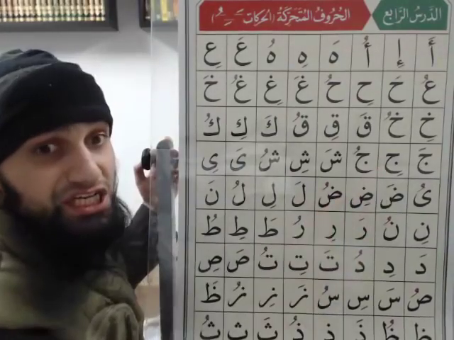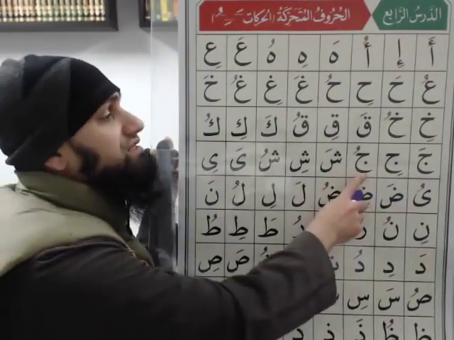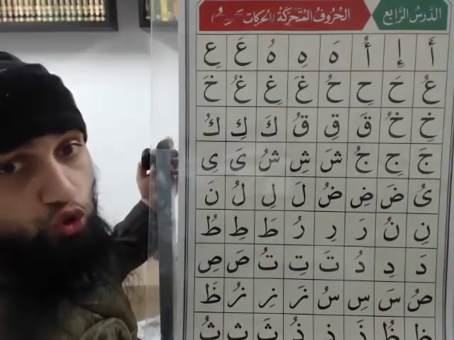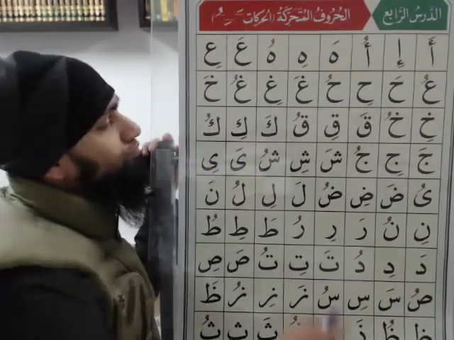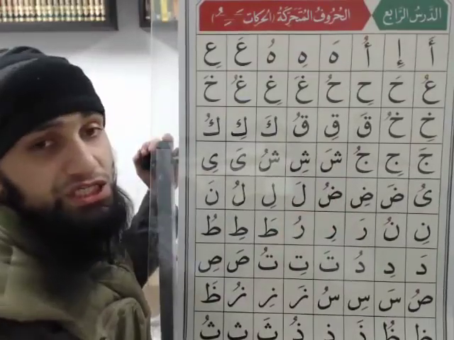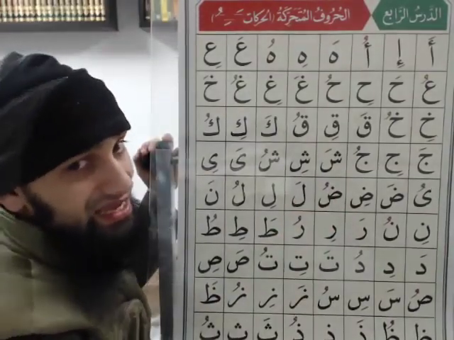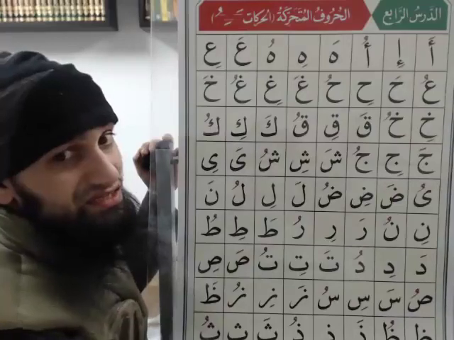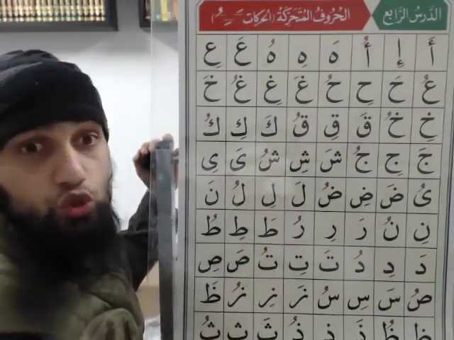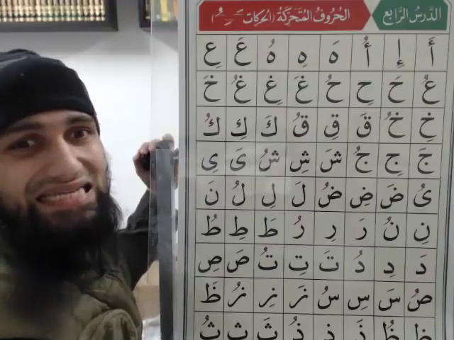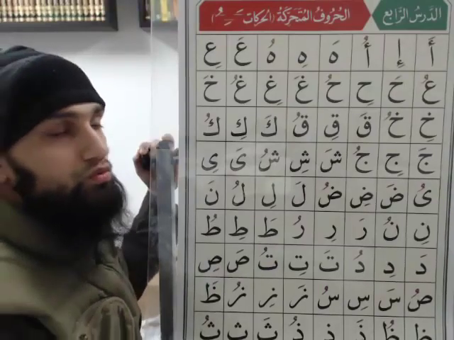Jim, kasra, ji. Jim, dhamma, ju. Ja, ji, ju. Shin, fatha, sha. Shin, kasra, shi. Shin, dhamma, shu. Sha, shi, shu.